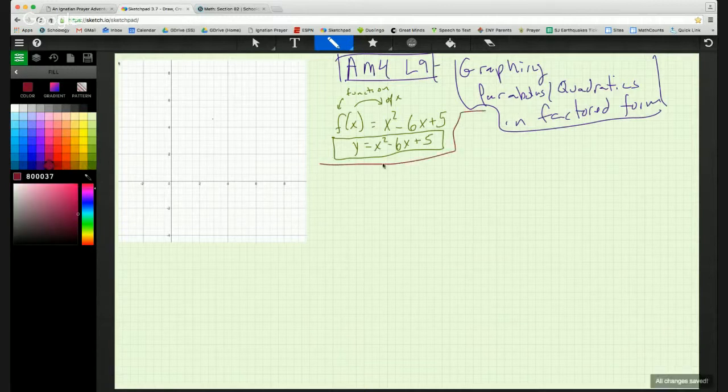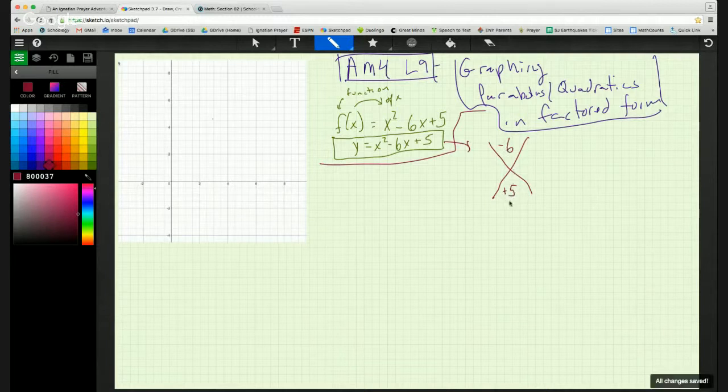All right, now we learned how to factor these things. So we're still going to need to factor, and then we're going to make some interesting observations. So let's first start off with factoring this. We're going to use our big X, and we're going to put our -6 up here and our +5 down here.